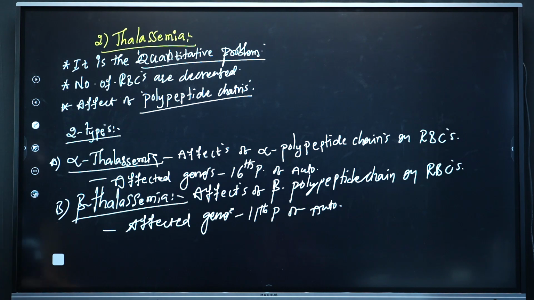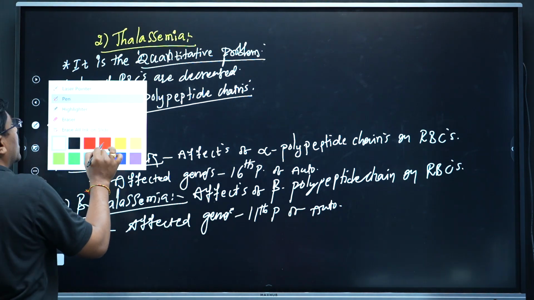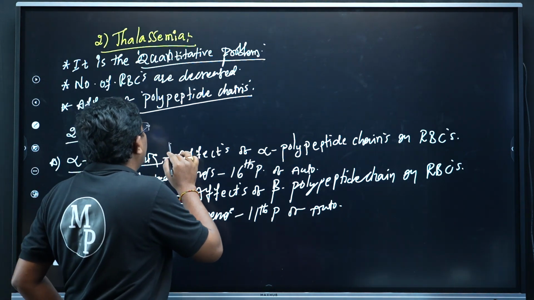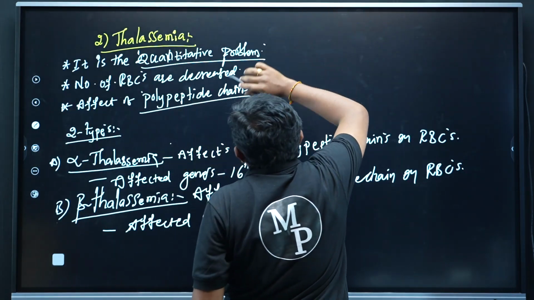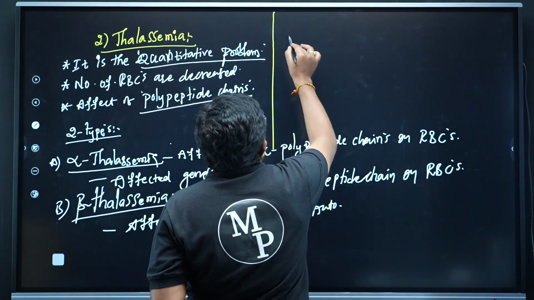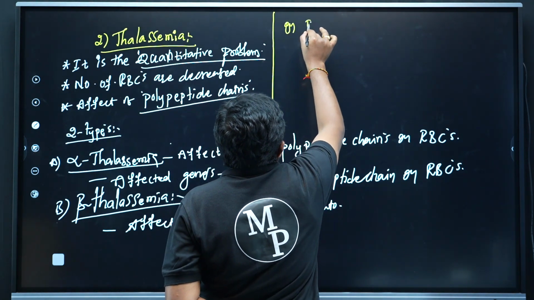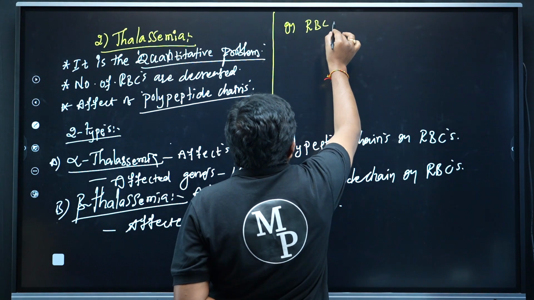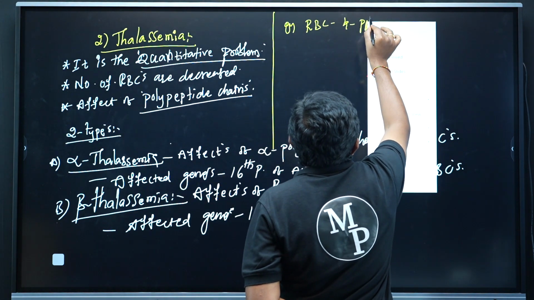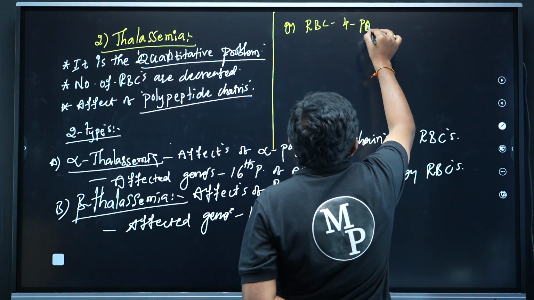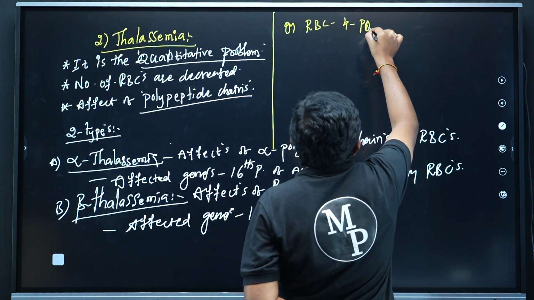This is the character. See, first of all, we will discuss what are polypeptide chains. So, generally on RBC, 4 polypeptide chains are present.